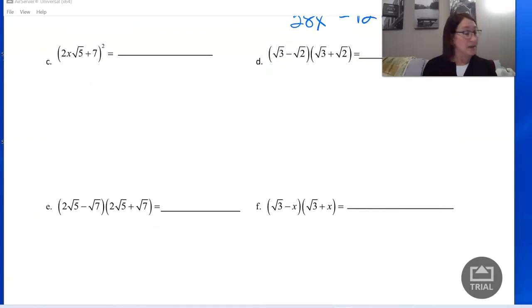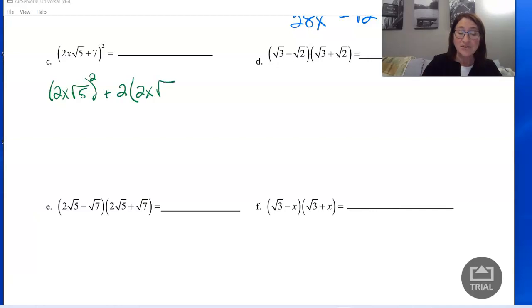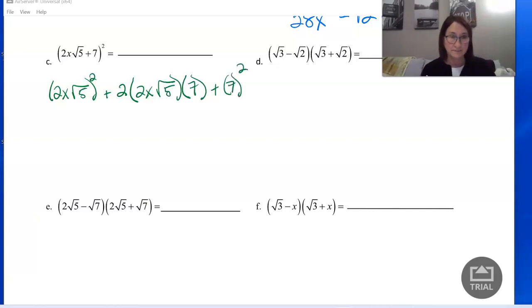So this is going to be a binomial squared again. So pause, try it, and then come back and check your work. All right, so you should have gotten 2x root 5 squared plus 2, which is part of the formula, and then I multiply each of those terms together, and then plus that last term squared.